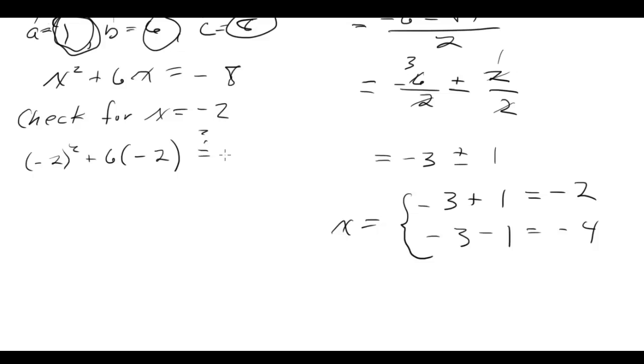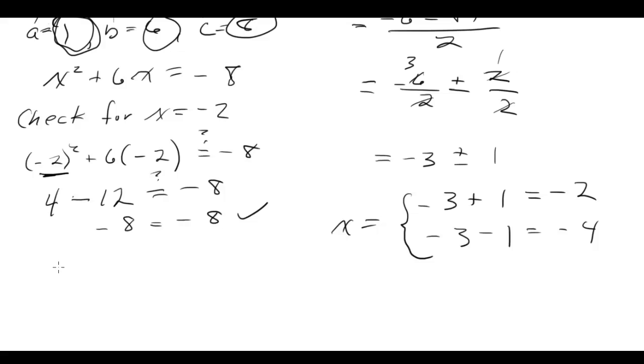Does that equal minus 8? Minus 2 squared is the same as minus 2 times minus 2, which is 4, and it's going to be plus. Plus and a minus, that's going to be minus. 6 times minus 2 is 12. Does that equal minus 8? And of course, 4 minus 12 is in fact minus 8. So I have minus 8 equals minus 8. This equation is true when x equals minus 2, so x equals minus 2 is a solution.